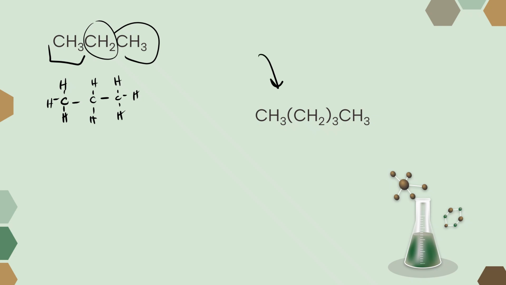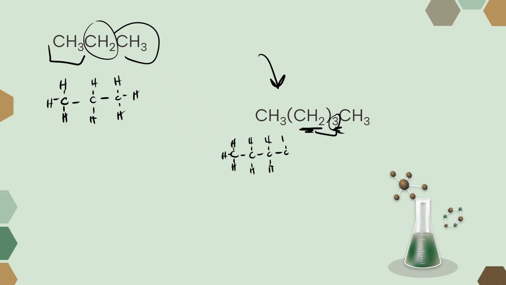Let's do this one. Similar, but a little bit extra. So again, we're going to start with that CH3. We've got our CH3. Put some bonds in there, and then this is kind of fun. So this 3 on the outside of the parentheses is telling us that we have 3 of this whole chunk. So I'm going to do CH2 3 times. So here's CH2 number 1. Here's CH2 number 2.